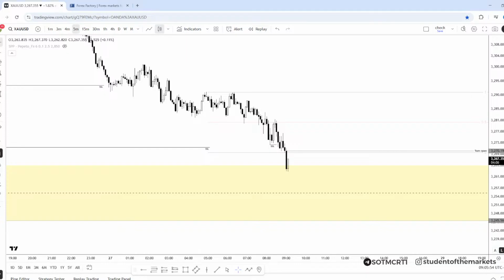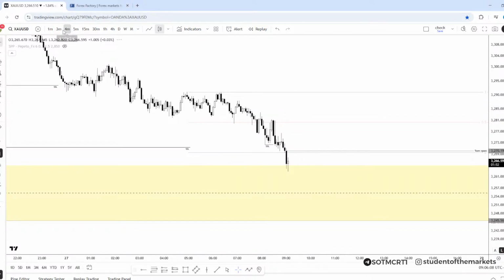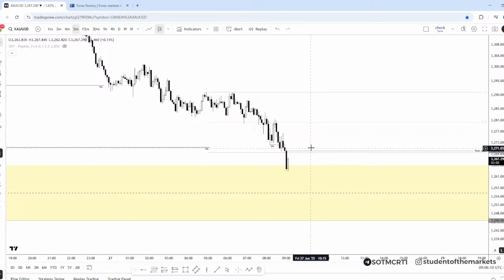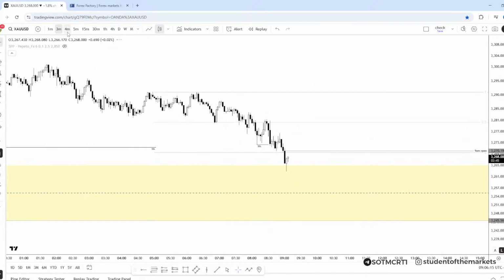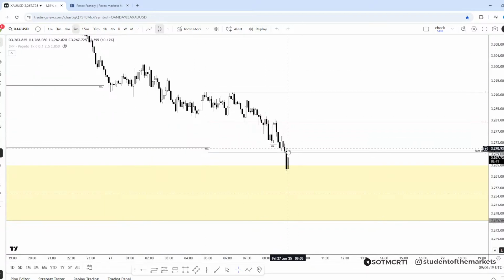Nothing happened yet, but we're waiting for price to most likely go to the upside for this buy side liquidity. So what I need for price to do is close above this candle right here, which would then become the order block from this candle.